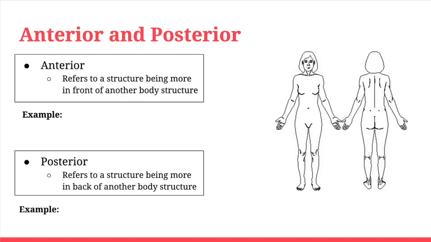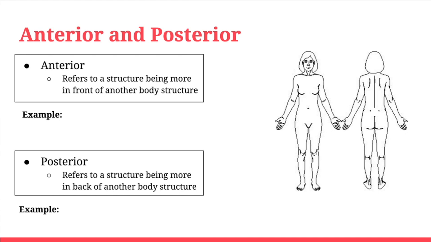Anterior and posterior. Anterior refers to a structure being in front of, or closer to the front of the body than another. So you need to have an example for that. And then posterior would be a structure being more behind or closer to the back of the body than something else. Again, you need an example.